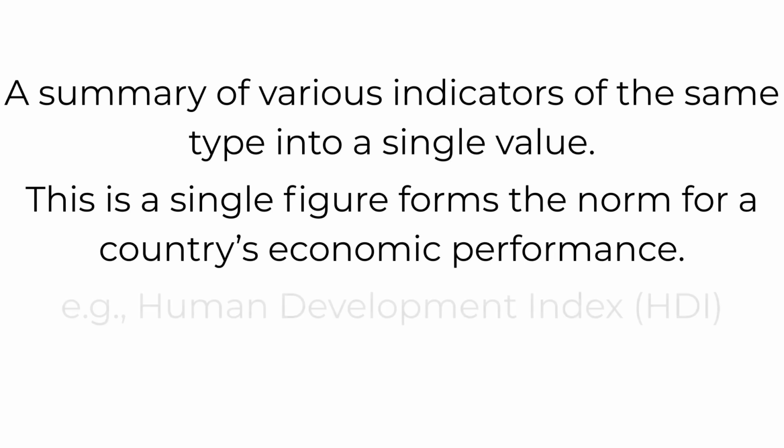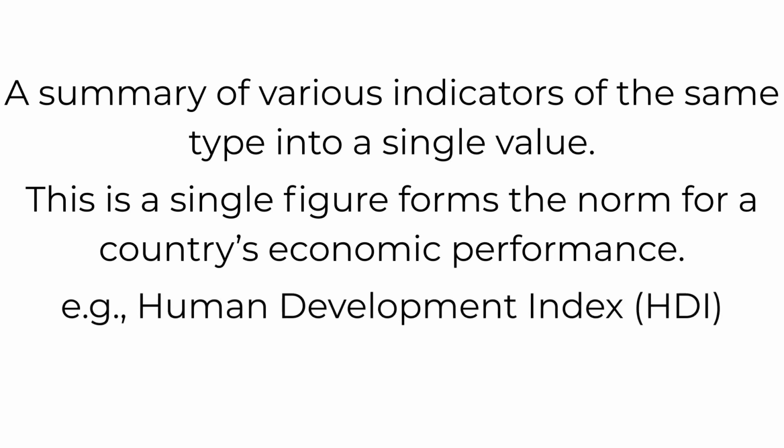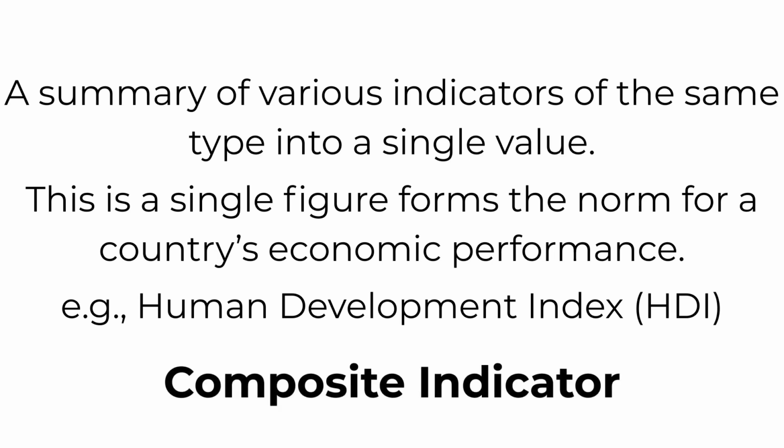For example, we have the Human Development Index, the HDI. HDI is a summary measure of average achievement in health, education, and income. So you see, a summary of various indicators into a single value. Therefore, we call this a composite indicator.